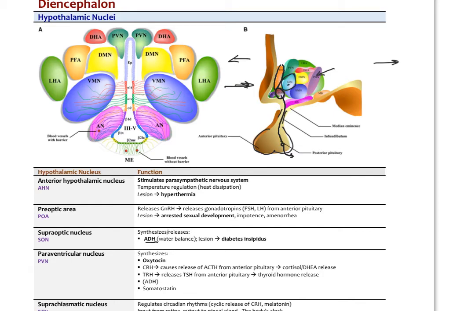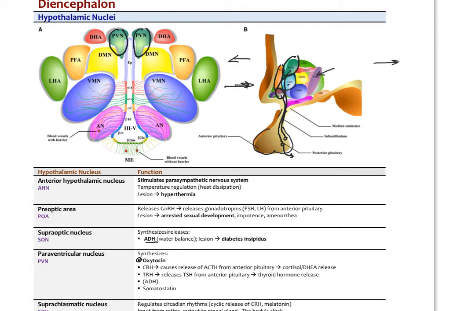The paraventricular nucleus, PVN, which is up here, and then you can see on either side here, the PVN is the source of oxytocin. And with oxytocin as well, there are neurons that will reach down into the posterior pituitary and release oxytocin. They'll actually be stored in little vesicles there.